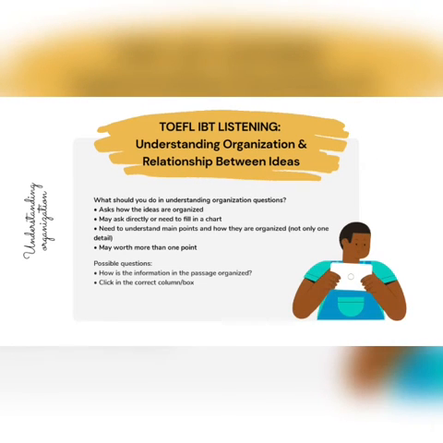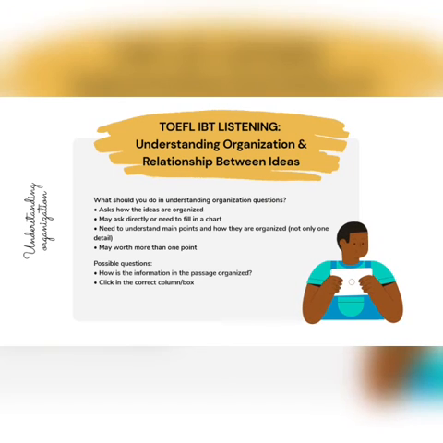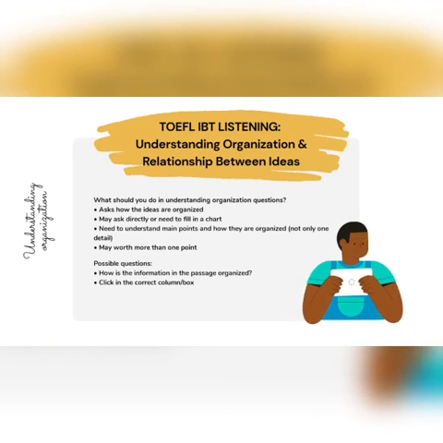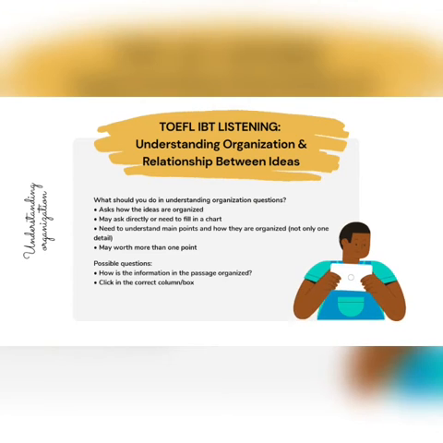The second type of TOEFL iBT listening question is understanding organization and relationship between ideas. The first one, we will talk about understanding organization. What should you do in understanding organization questions? First, you may be asked how the ideas are organized.